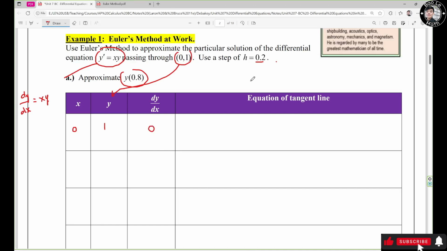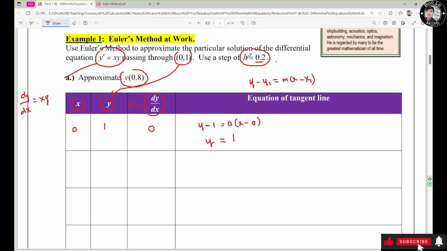Remember the point-slope formula: y minus y1 equals m times (x minus x1), where m is dy over dx, the slope, and (x1, y1) is this point right here. So you have y minus 1 equals 0 times (x minus 0), which simplifies to y equals 1.